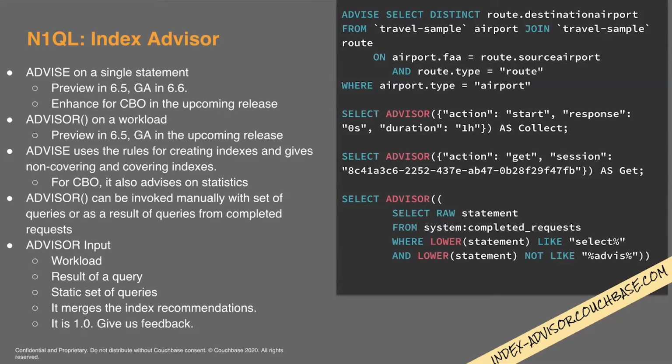So you can simply use this service, give your queries, and you'll get a recommendation. Of course, we don't have your data, so we can't sample and give you a recommendation that's highly optimized for the cost-based optimizer, but it gives you a recommendation based on rules, and a recommendation based on rules is still better than the normal guesswork.